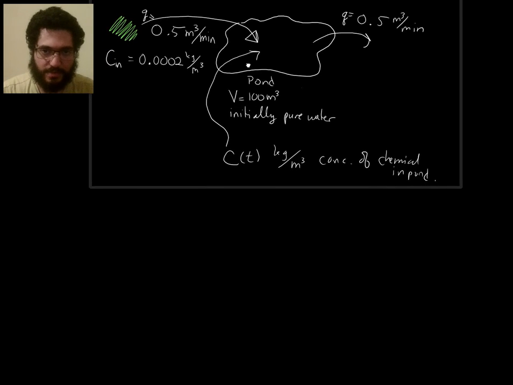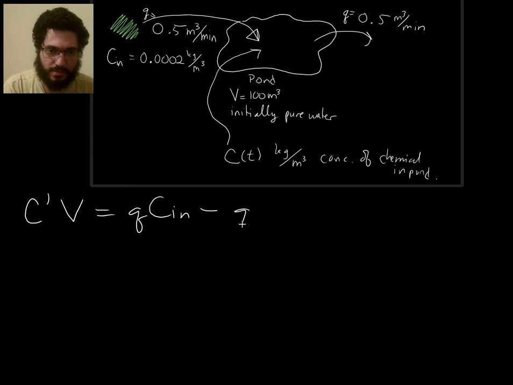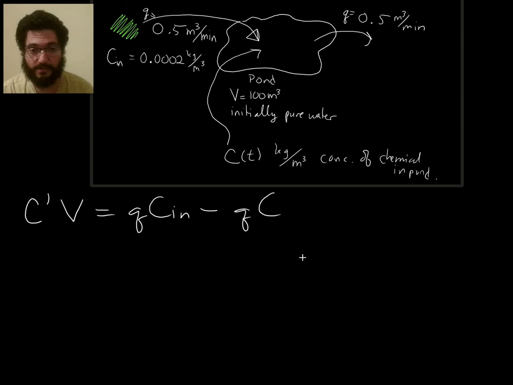How about I do this and work down here? Okay, so from that other slide, I already knew that C prime times V equals Q Cn minus Q C. That was our differential equation that we got from demanding that the amount of chemical be conserved.